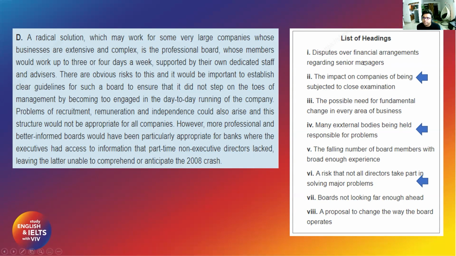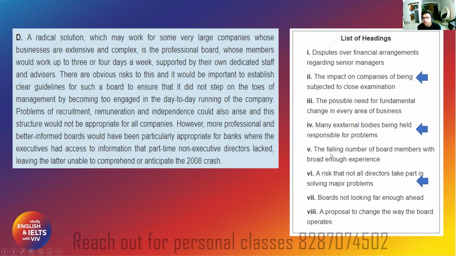Okay, so disputes over financial arrangements regarding senior managers, that's not the option. The possible need for fundamental change in every area of business doesn't talk about a solution at all. A following number of board members with broad enough experience doesn't talk about this as well. Board's not looking far enough ahead, that's not this either. A proposal to change the way the board operates.